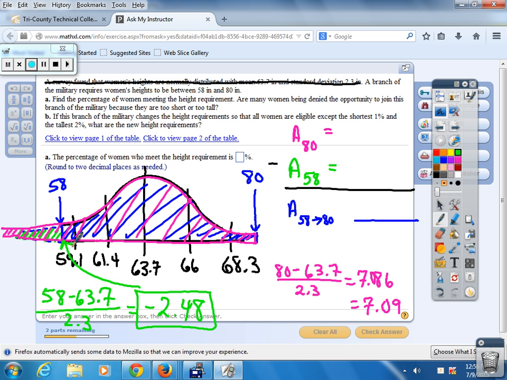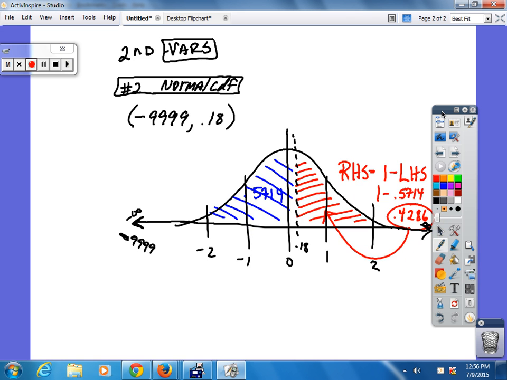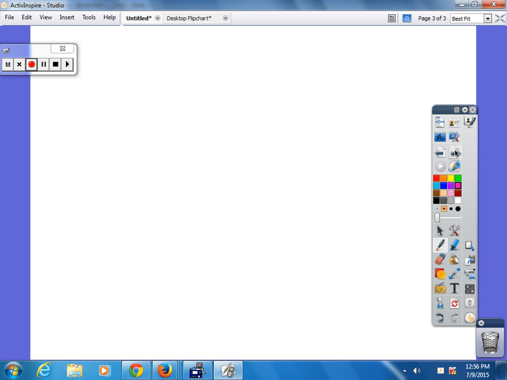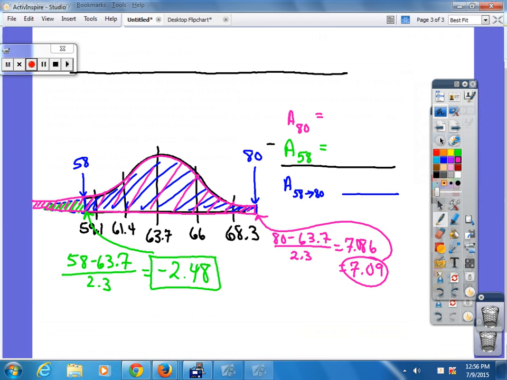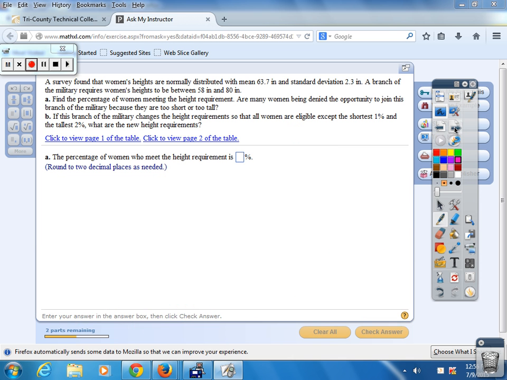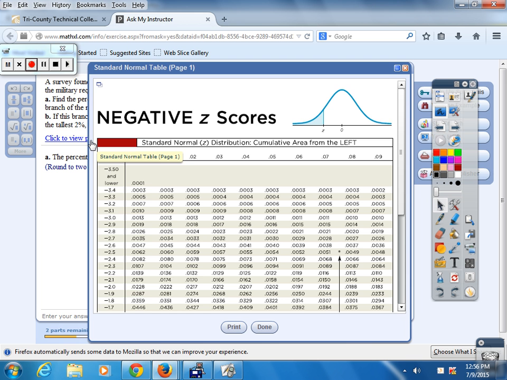Okay, so you got your z-score there, and you got your z-score here. So now you look up your handy-dandy table, and they give it to you. So let's go to the 2.48 first. Negative 2.48.